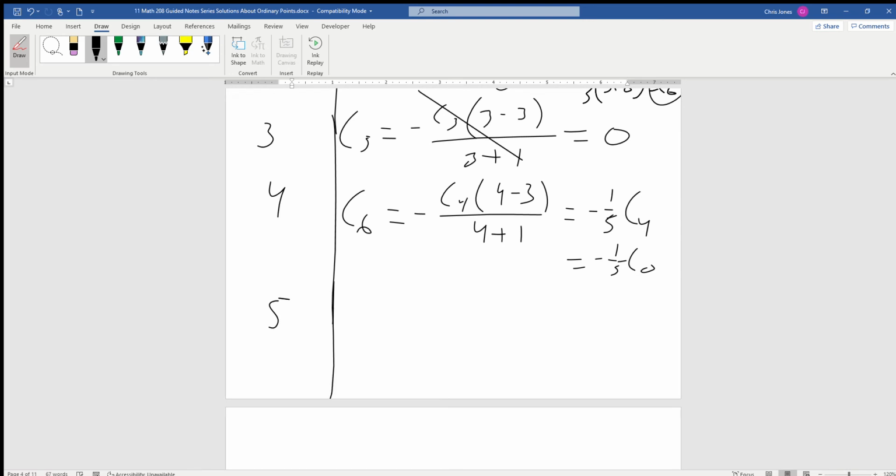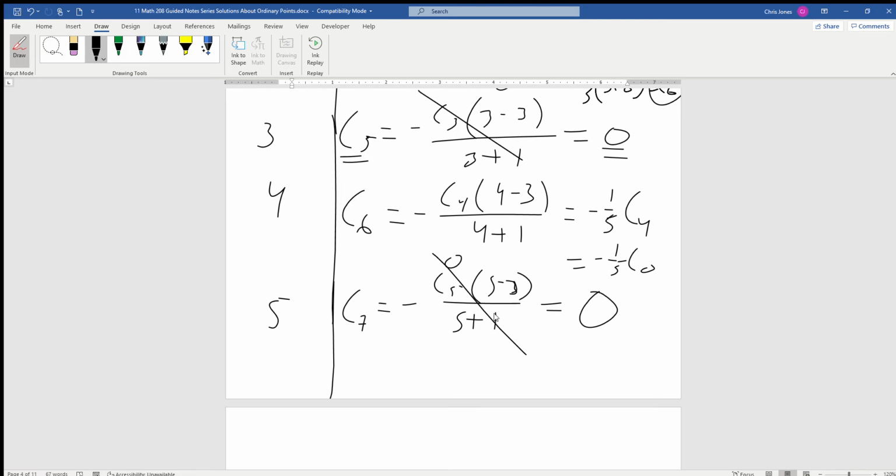C7 is going to be really easy because we get the opposite of C5 times 5 minus 3 over 5 plus 1. We don't have to go any further because remember we said that C5 was equal to 0, and 0 times whatever makes the whole thing go away.